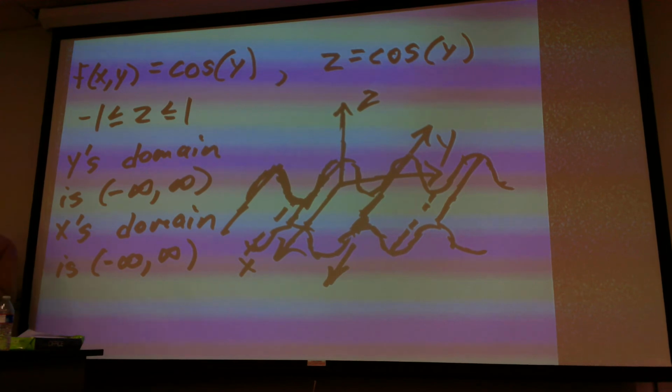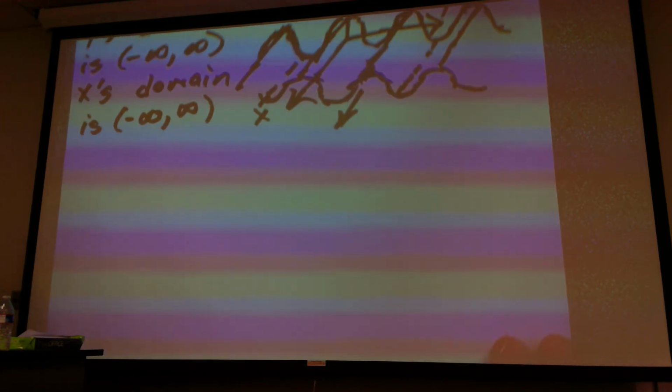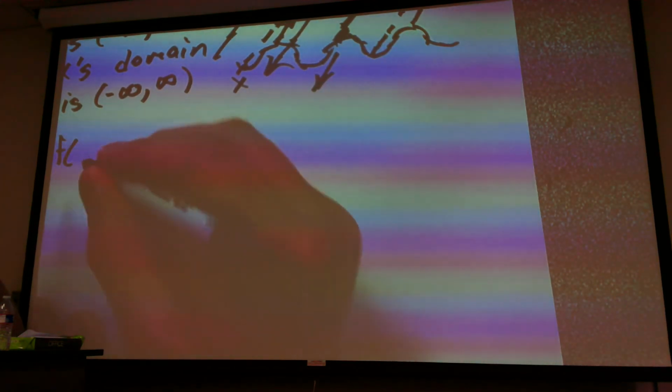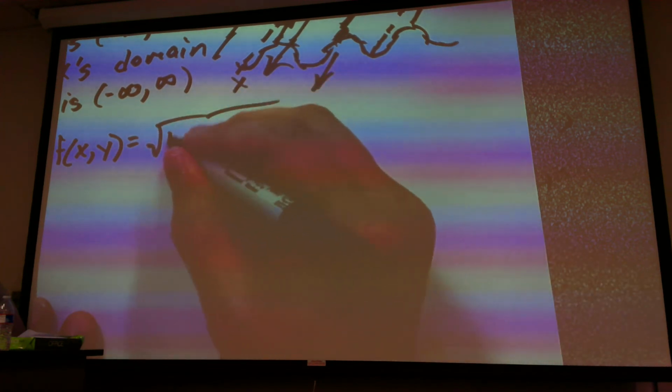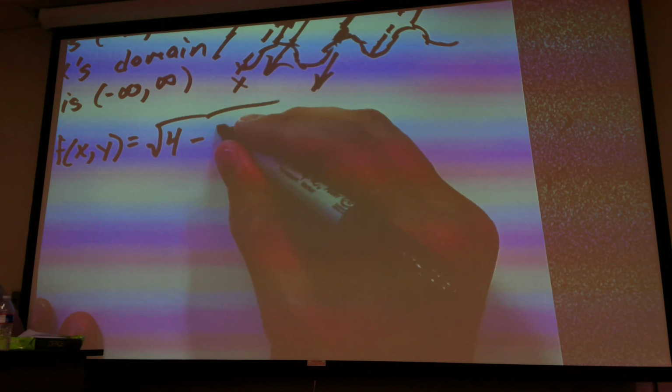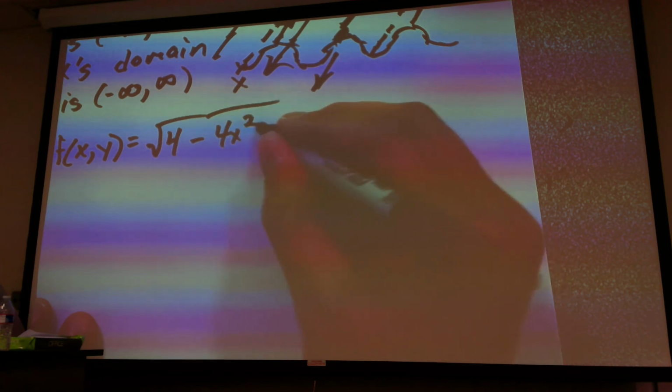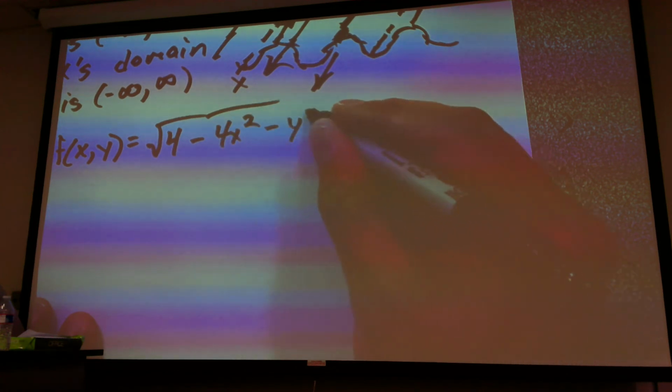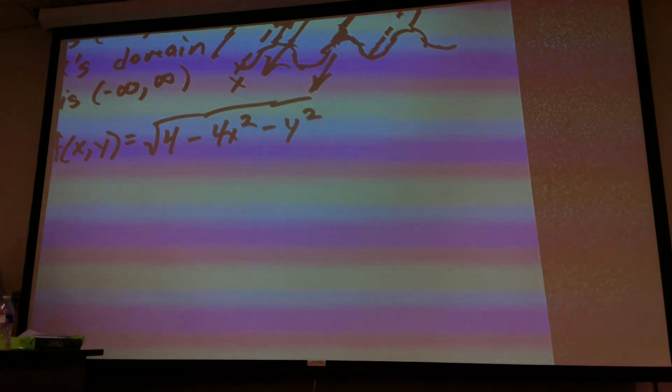Okay, let's try another one, and let's try this one by plotting points, okay? So, let's say that f of x, y is going to equal now the square root of 4 minus 4x squared minus y squared, okay?